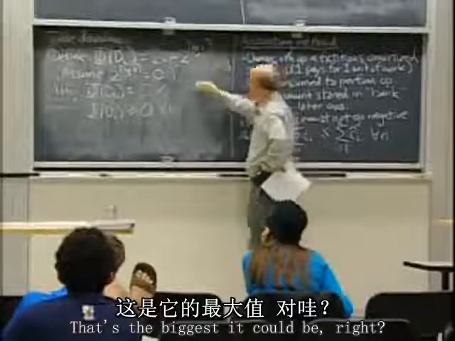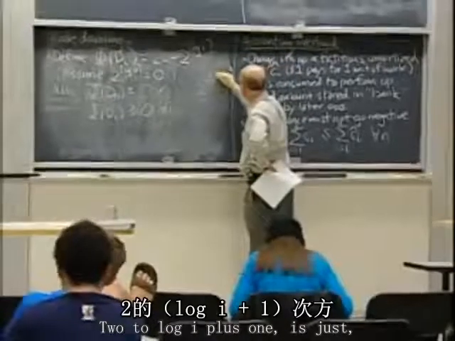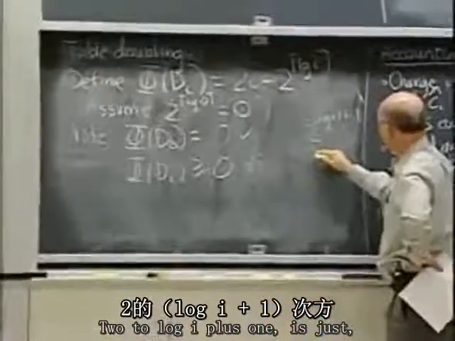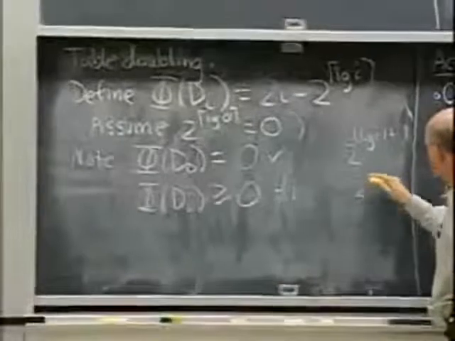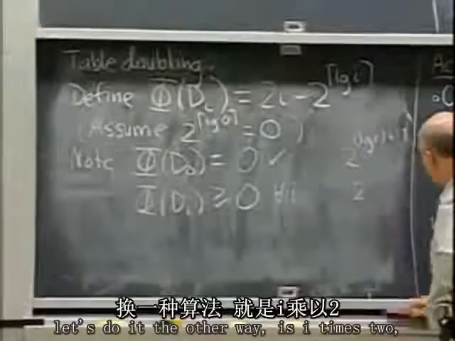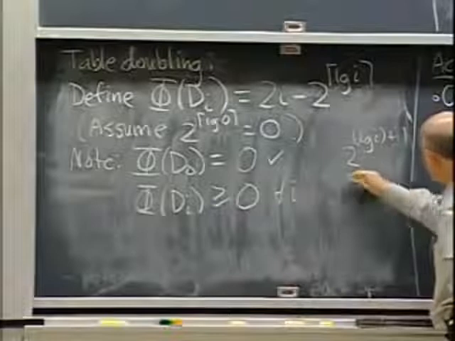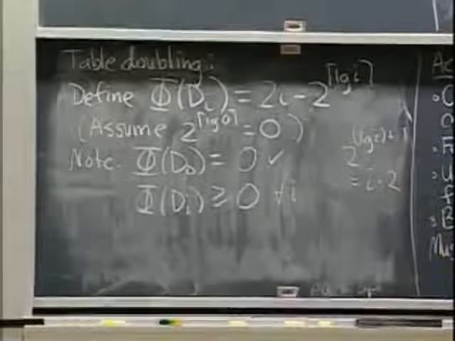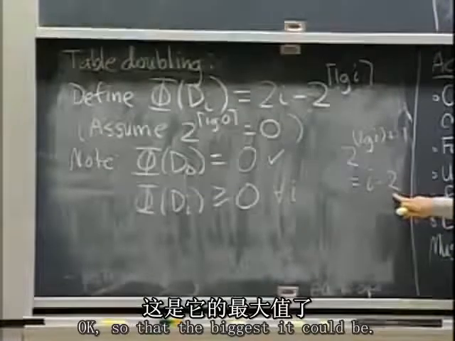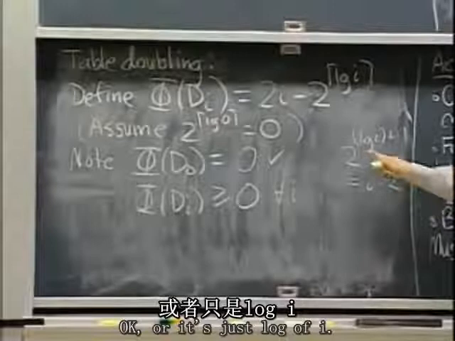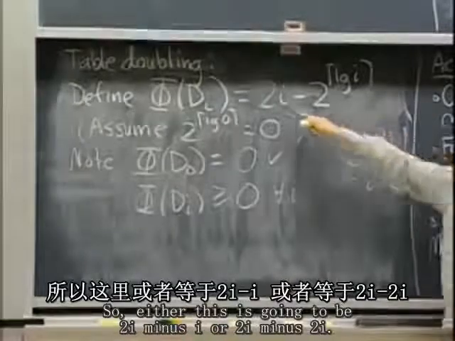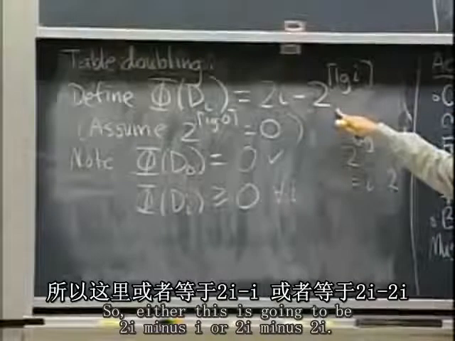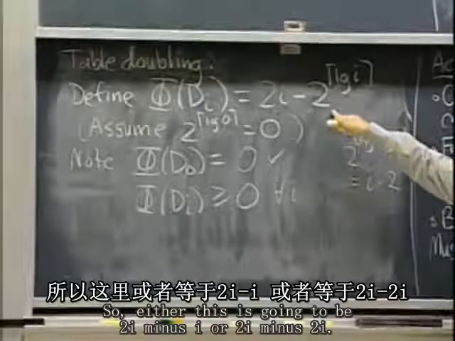Right? So 2 to the log of i plus 1 is just 2 times, let's do it the other way, i times 2. Okay, i for that part, 2 for that part. So that's the biggest it could be. Or it's just log of i. So either this is going to be 2i minus i or 2i minus 2i.